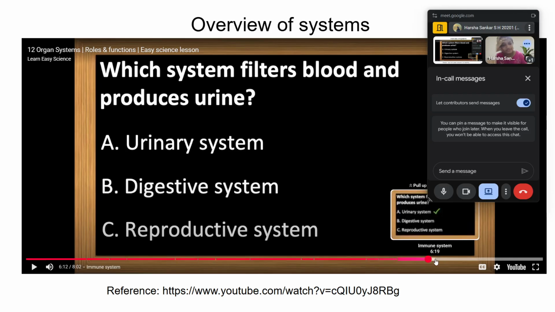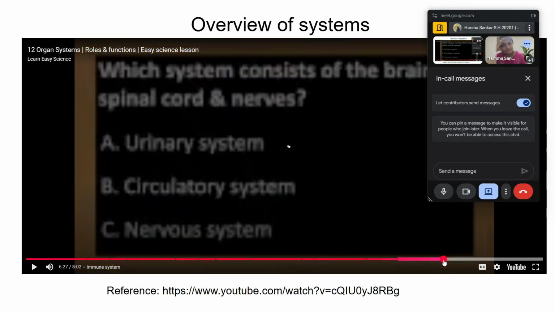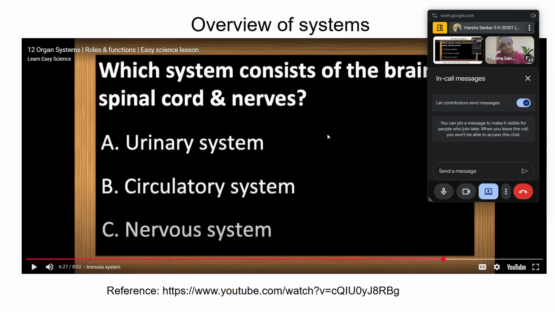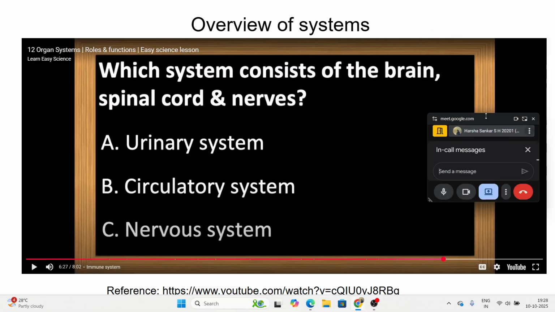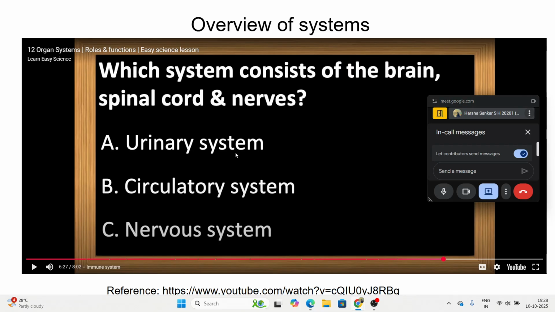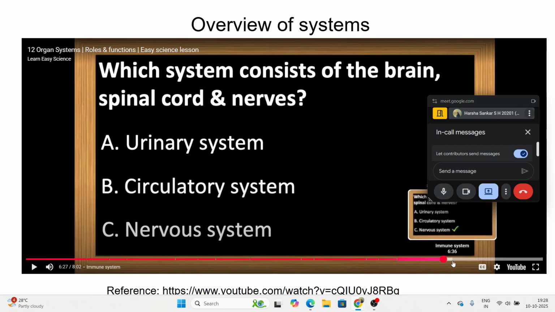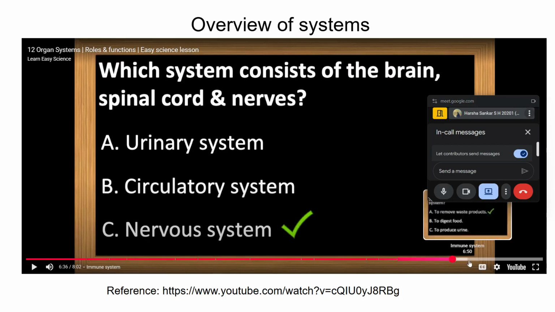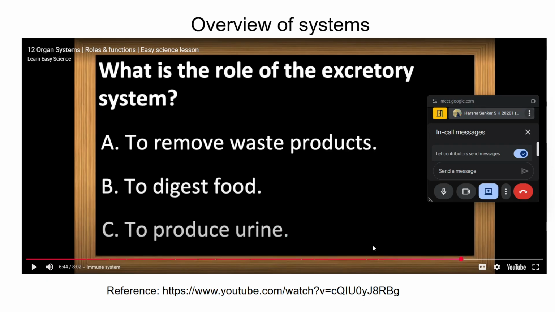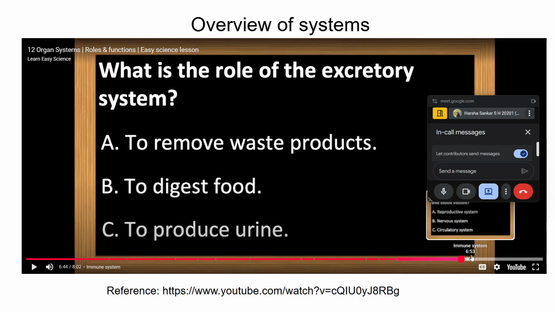Next question. Which system consists of the brain, spinal cord, and nerves? Very good. What is the role of the excretory system? To produce urine is the urinary system, right?